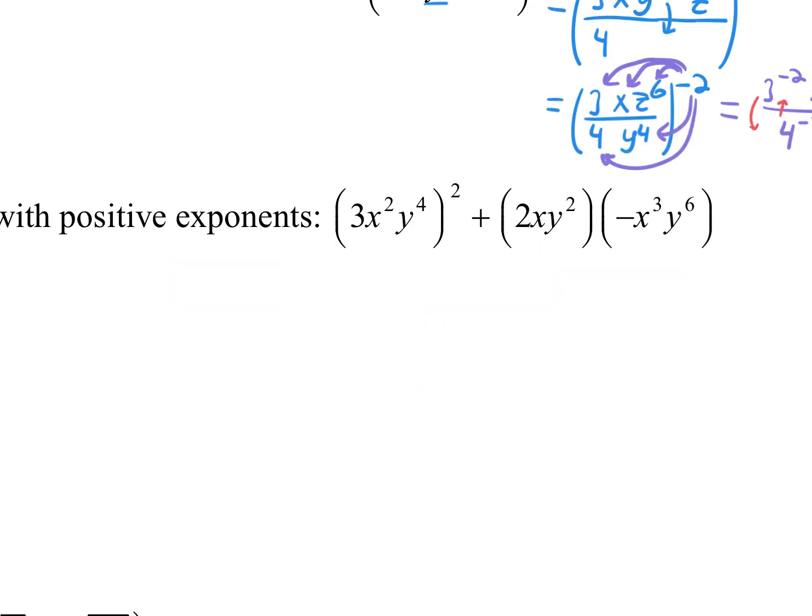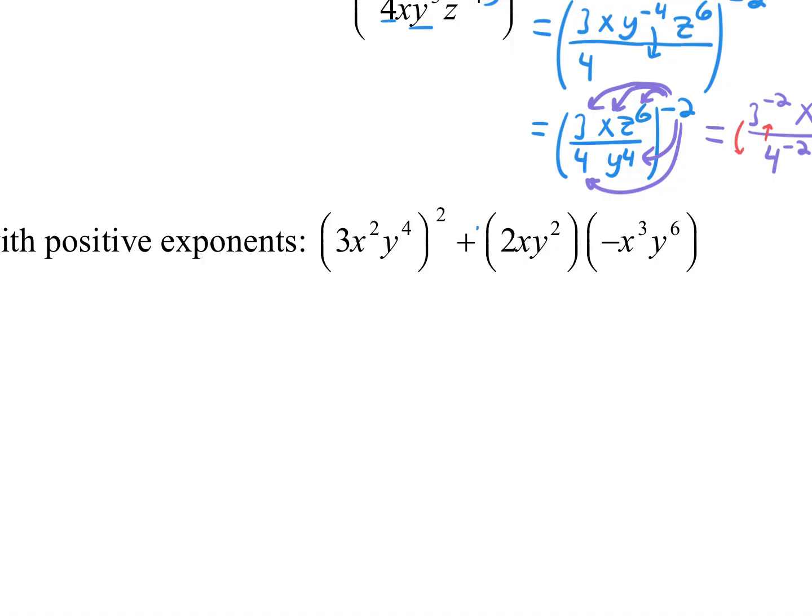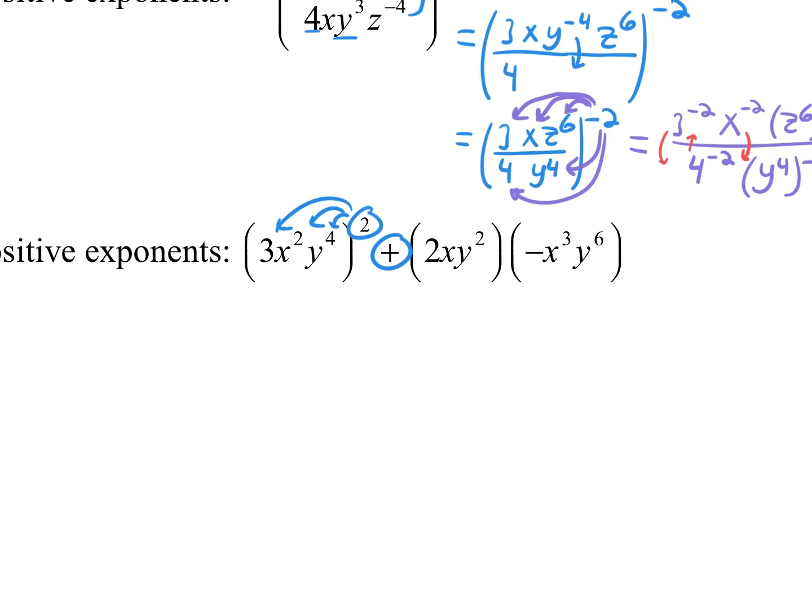What can we try here? Okay, good. So we can just distribute the exponent on the left term. So that 2 is going to go to each of these. And then on the right side of the plus, there's no exponents on the outside, so I think we can just simply multiply it. All right, you guys agree? Good.